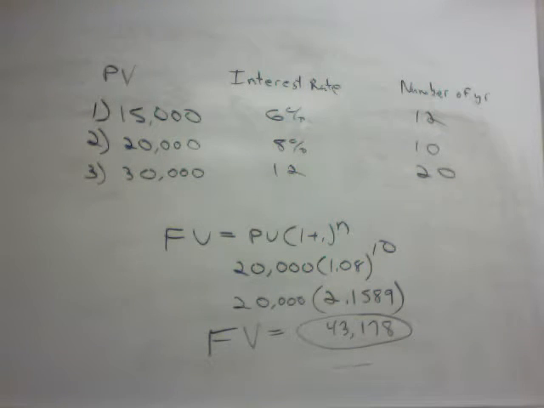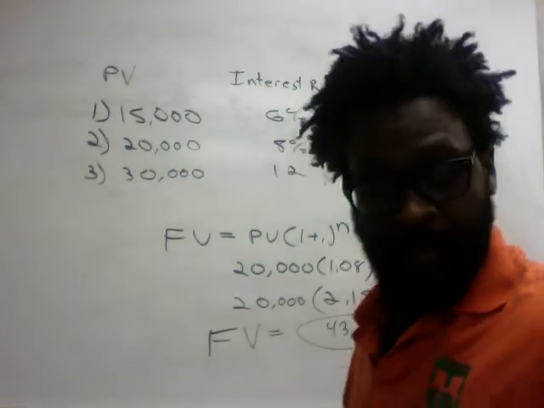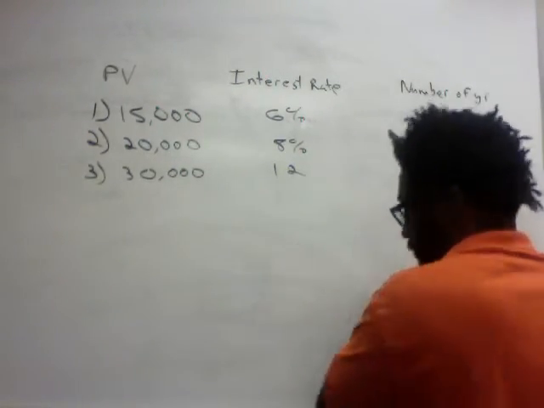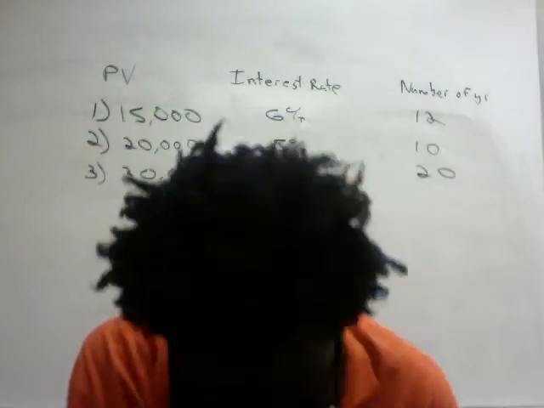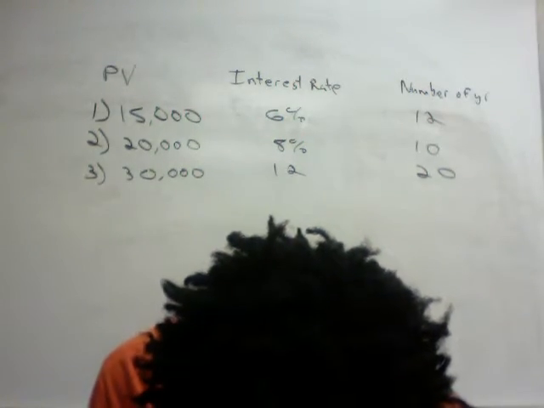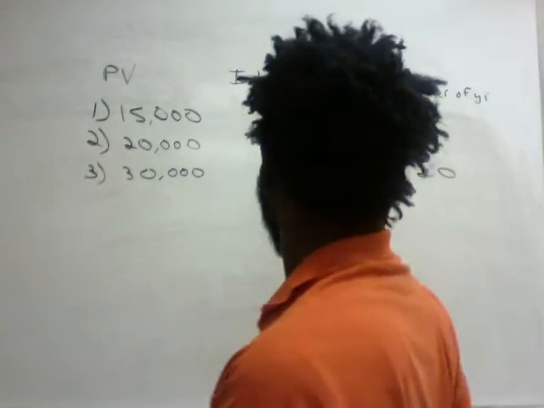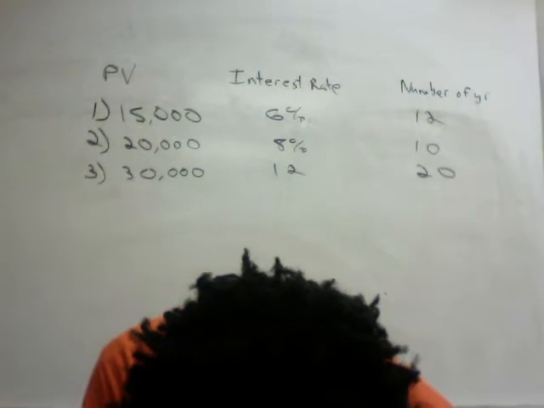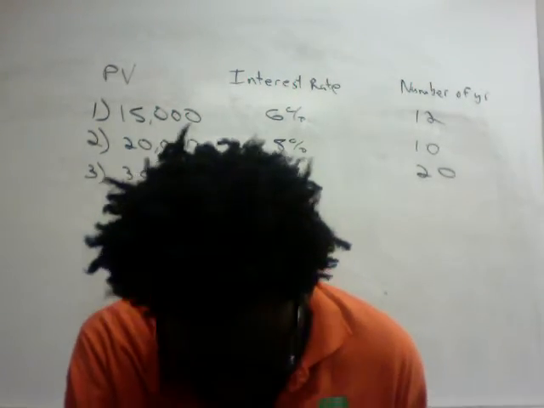And of course, if we wanted to do it the other way, we would simply look at the same table. We would look at the 8% column, and we will scroll all the way down to the 10-year, and that gives us 2.15892.